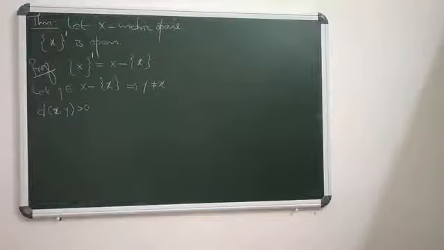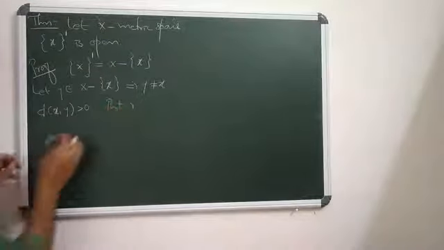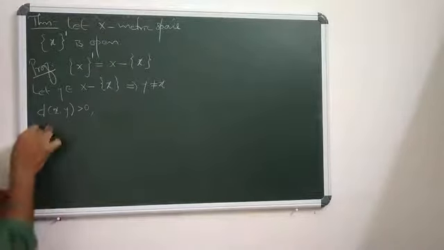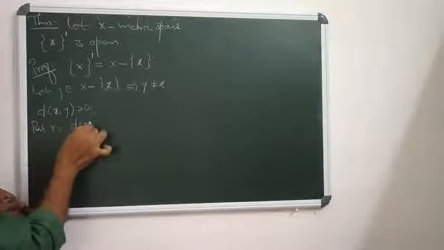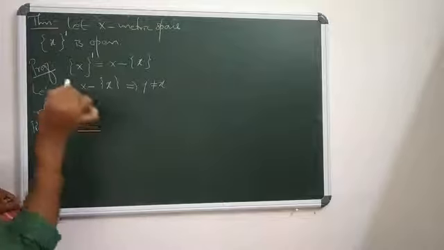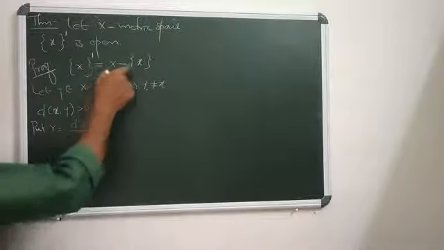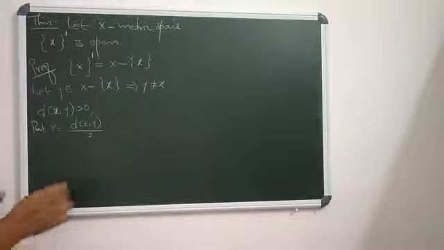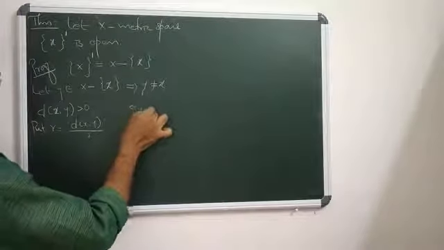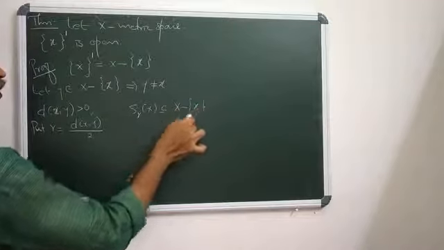Put r equals d(x,y) by 2. Now, to show X minus {x} is open, we have to show that some S_r(y) is a part of X minus {x}. This is our requirement.